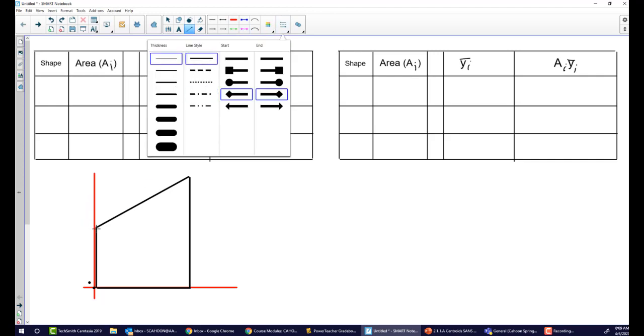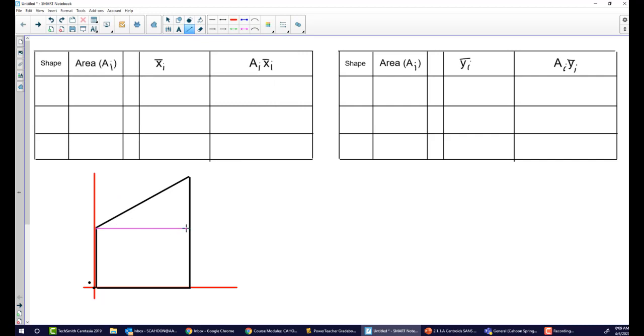And I would just say, okay, so I got this guy here, and then I'm going to label this down here. I'm going to label this shape 1, and I can just pick, it doesn't matter, I could do it the other way, shape 1 and shape 2. So up here in my table, I only actually have two shapes. So I'm just going to put 1 and 2 in my table.